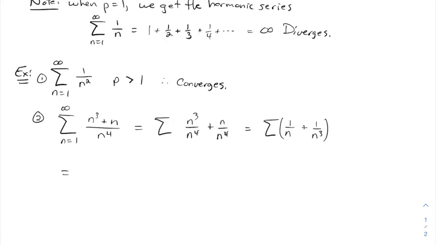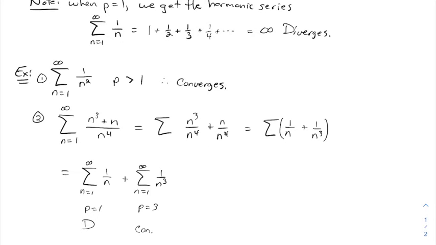I can write that as two summations. Both of these are p-series now. This one, p equals 1, so it diverges. This one, p equals 3, and so it converges.